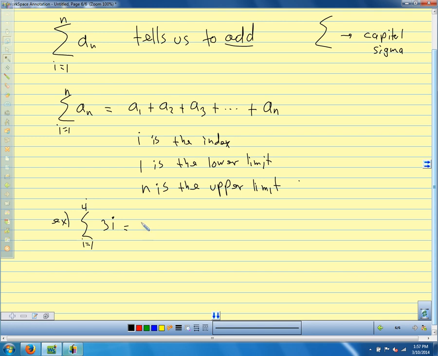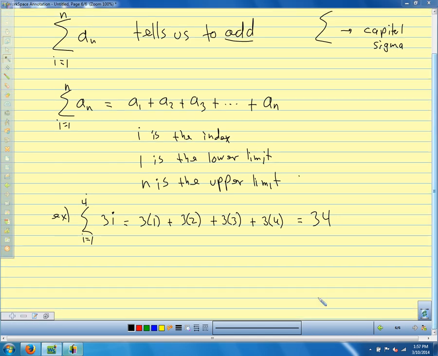So this is just going to be 3 times 1 plus 3 times 2 plus 3 times 3 plus 3 times 4. We calculate those out, add them together, and we get 30. So we're just adding those 4 terms together. So the summation notation is just telling us to add.